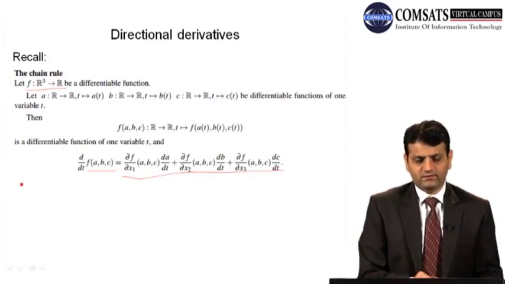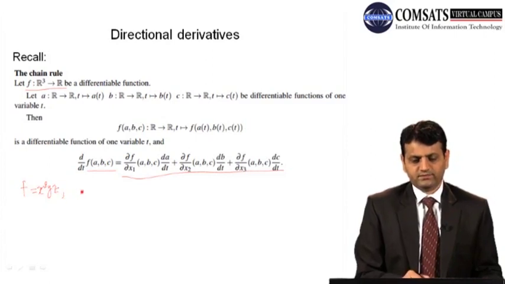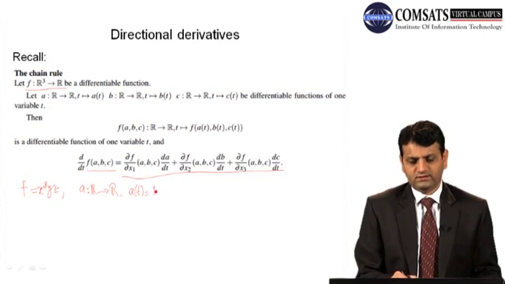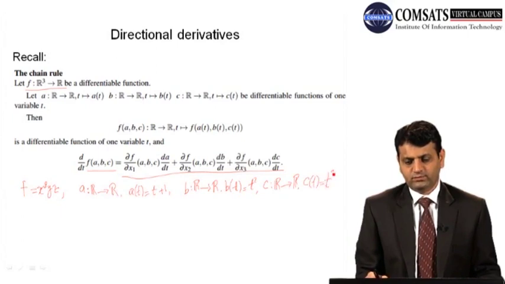So for example, if you have f defined as x square y z, and you have a from R to R defined as a of t equals, let's say, t plus 1, and you have b from R to R defined as b of t is equal to, let's say, t square, and you have c from R to R defined as c of t is equal to, let's say, t cube.